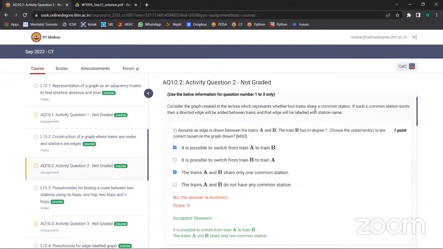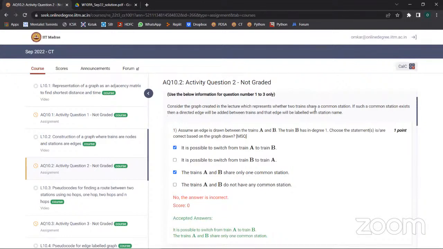Yeah, but my point was that two trains A and B will share only one common station if there is any overlap, because it will only be the starting or ending point. So if train A ends at some station and train B starts from that station, then only there will be an edge from A to B. There is no question of a starting station over here.